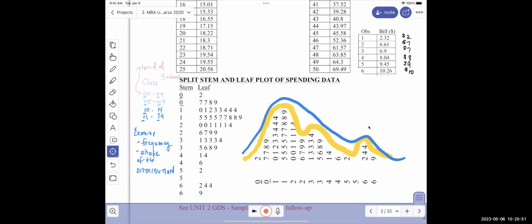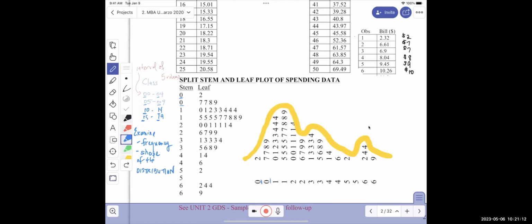Okay, so the blue would be the standard deviation you're saying? Well, we're going to talk about that later. But from now on, I'm just going to stick with the yellow. I'm going to erase the blue. And we are going to talk now about the shape.